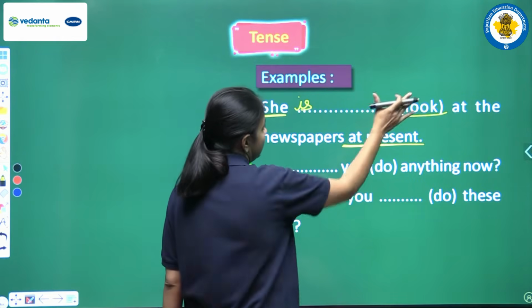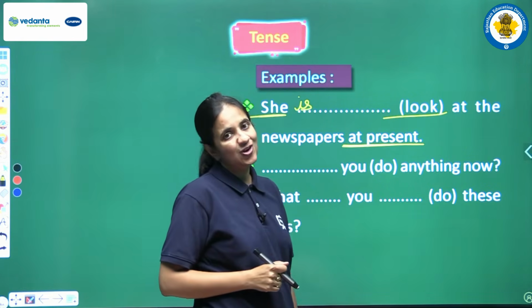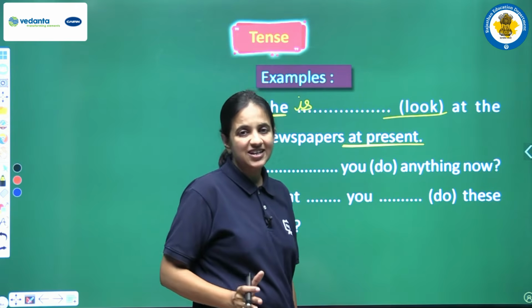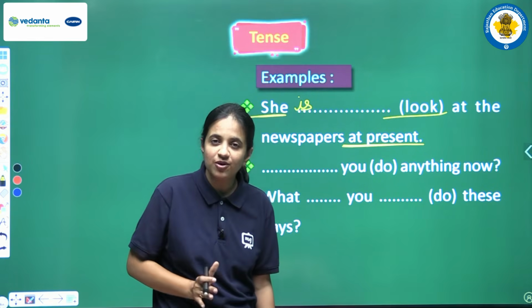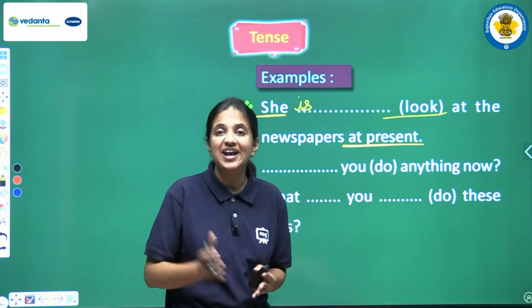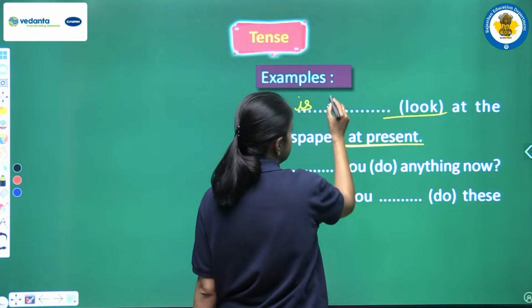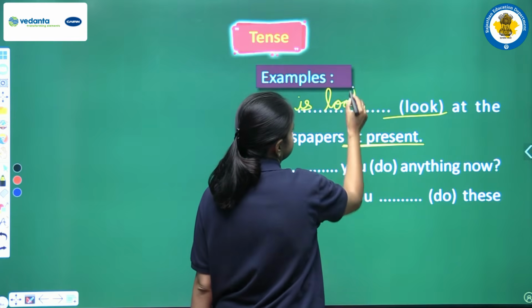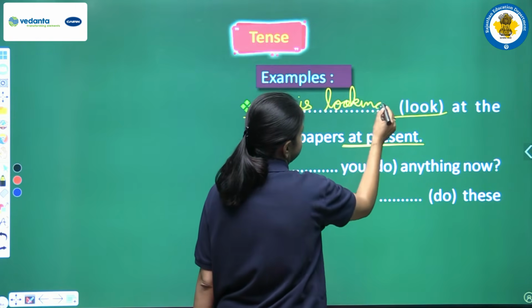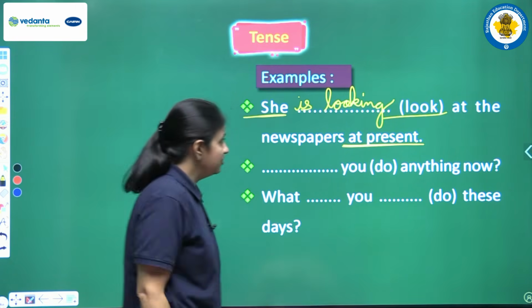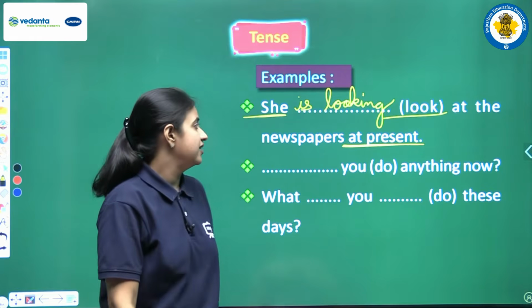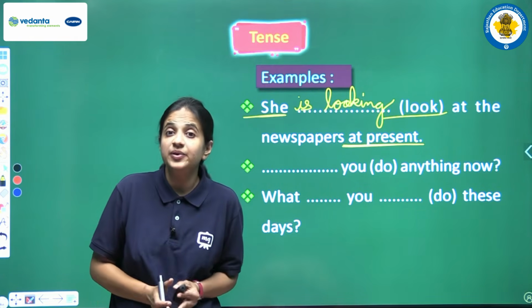Okay, main verb is look, and we all know that in present continuous tense we have to use the first form of the main verb and add ing. So it will be looking. So our answer will be she is looking at the newspaper at present.